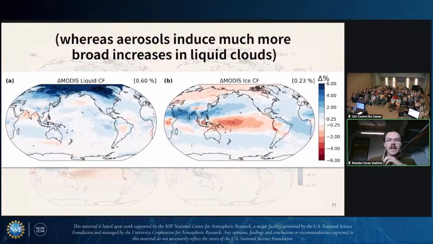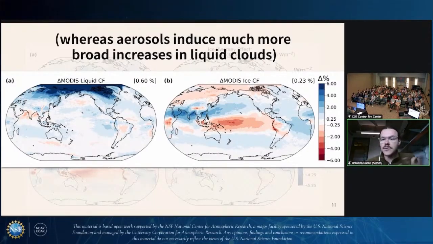What I'm showing here is the ensemble mean changes in liquid and ice cloud fraction from the MODIS simulator. And what you can see is that with the addition of aerosols, on the left here, liquid clouds tend to increase almost everywhere across the globe with a few small exceptions, whereas on the right here, the ice cloud fraction has this heterogeneous pattern.